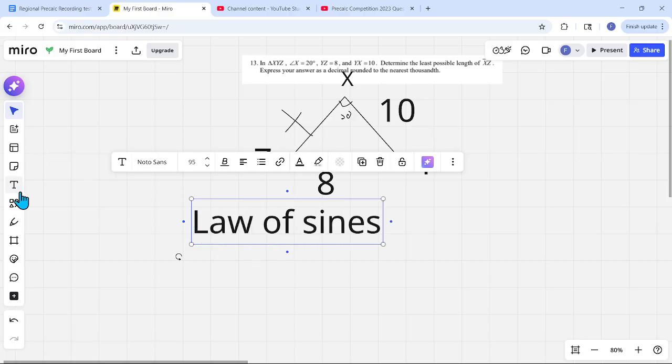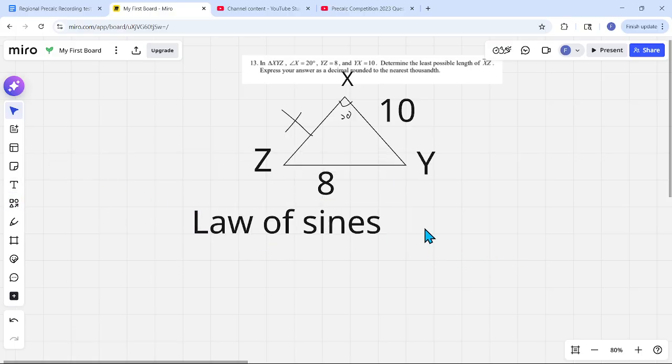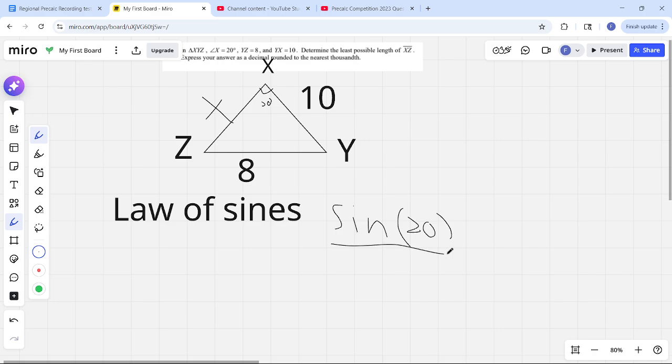Law of sines, in case you guys don't remember, is going to be, in this case, sine of X, which is going to be 20, divided by the side length across from it, 8, is equal to the sine of another thing, which is the sine of theta, let's say, divided by X, which is the side across from it.